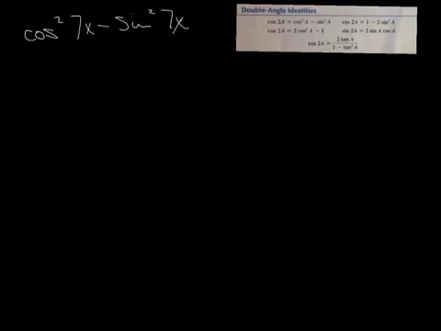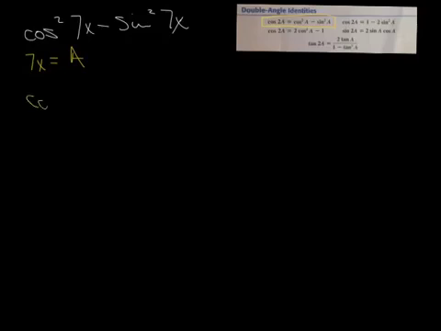And let's pretend that 7x is my angle that I'm looking for. Or I guess I should say that equals angle A, because we're going to use this formula right there. We could use any of the 3 that we want, but we'll use that one, and it uses A.